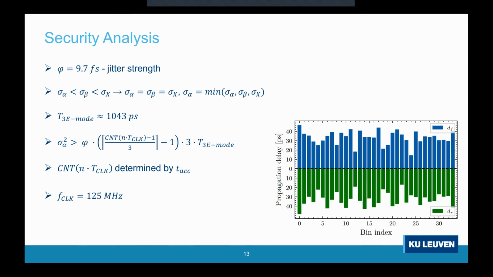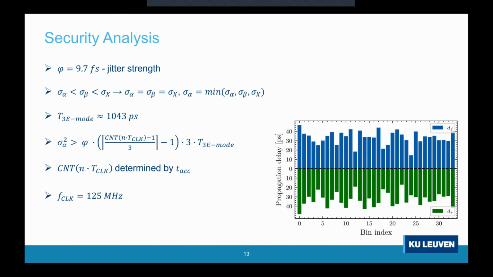Now, by observing the variances of edges alpha and beta and gamma, we can see that due to the fact that edge alpha occurs always before beta and beta occurs always before gamma, so this should be gamma not x in this slide, sorry, that variance of alpha is the smallest out of 3. So to simplify our model, we say that all 3 variances will be equal, and they will be equal to the variance of the edge alpha.